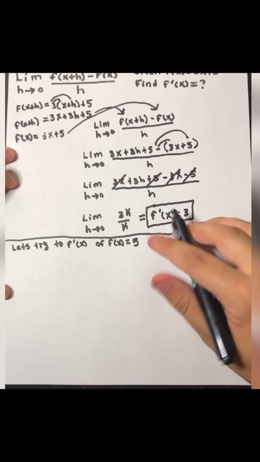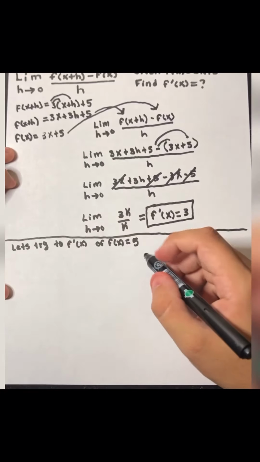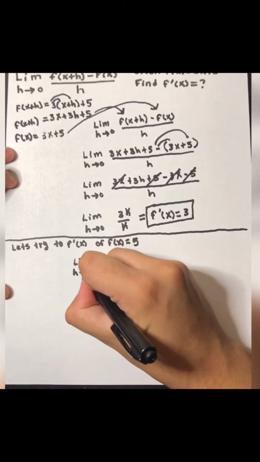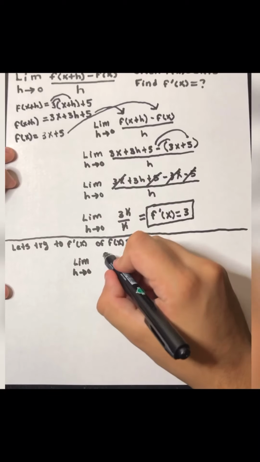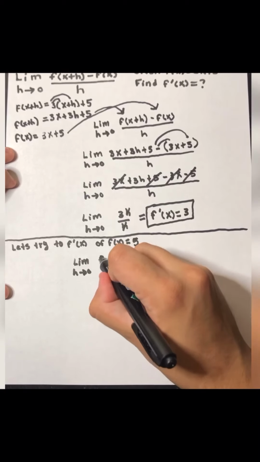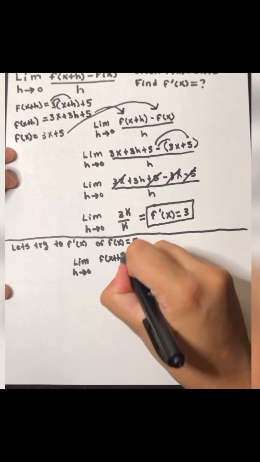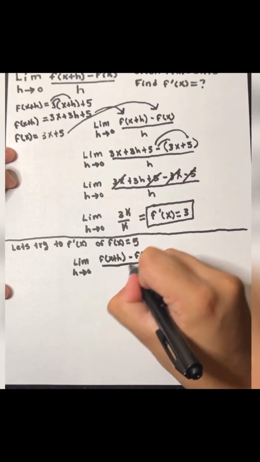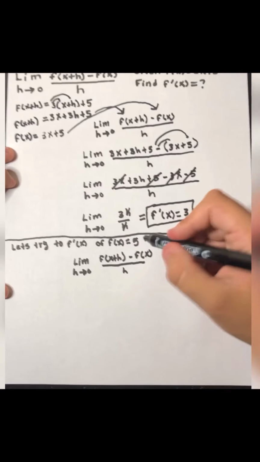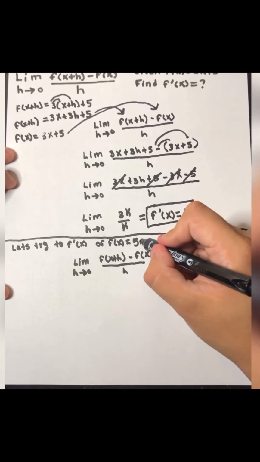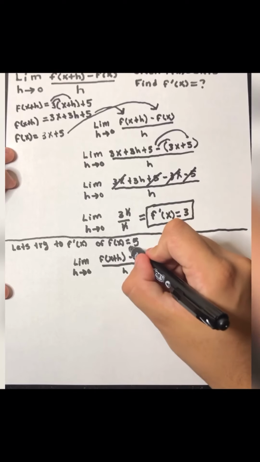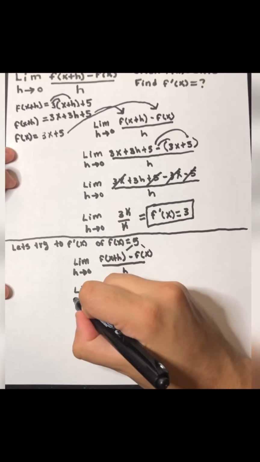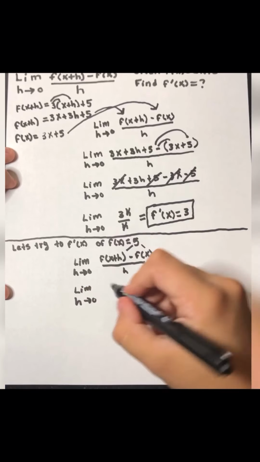So first we're going to write our formula. Now we can plug in, which we know that we're going to plug in 5 and 5. So we're going to bring it down.